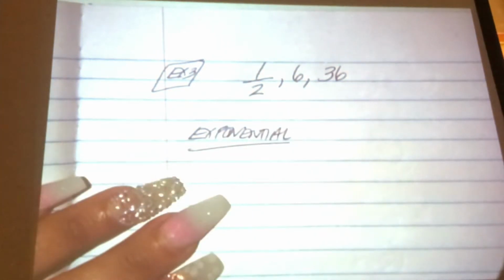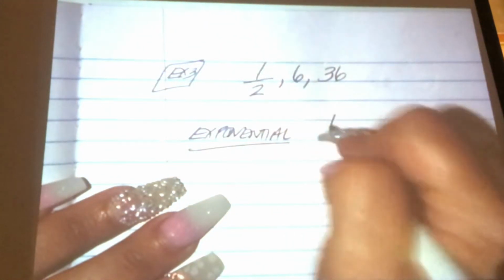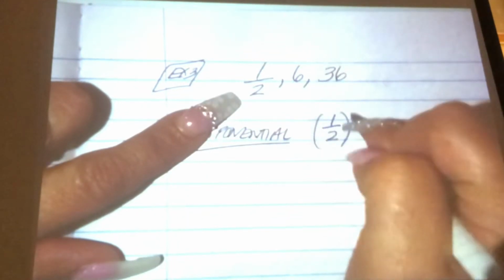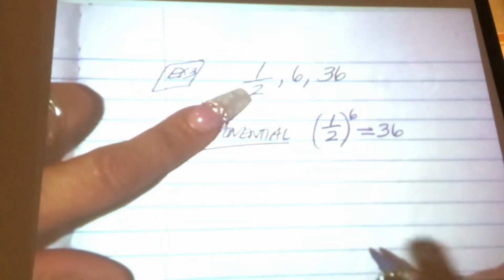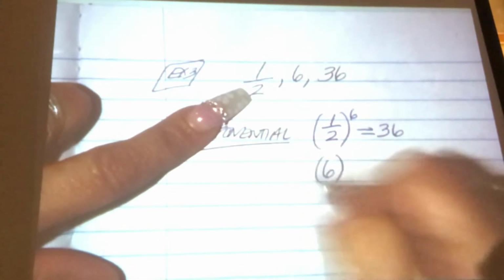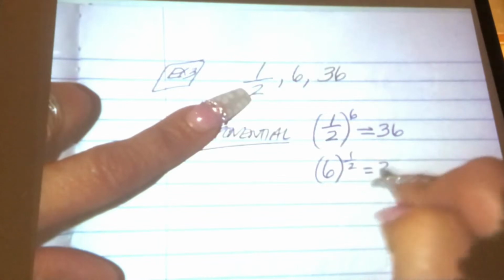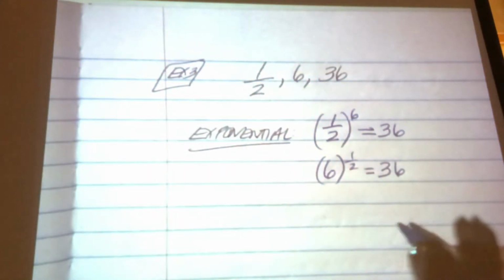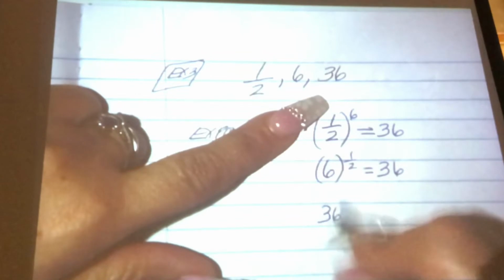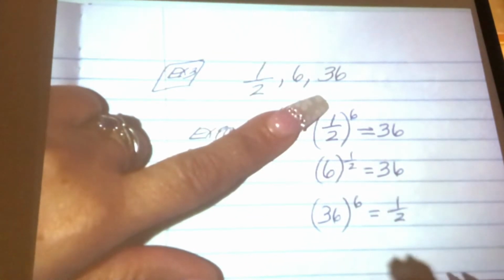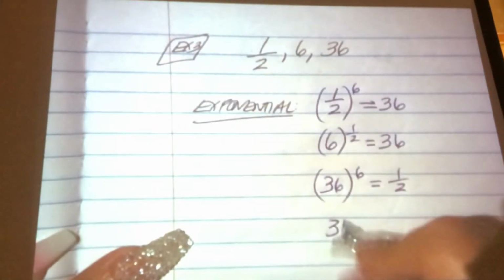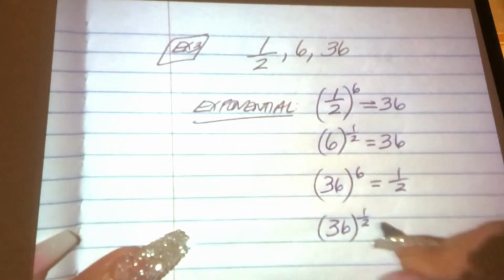See if we can just write out all the options here for exponential. 1/2 to the 6th, does that equal 36? Or 6 to the 1/2, does that equal 36? Or 36 to the 6th, does that equal 1/2? The heck? Or 36 to the 1/2, does that equal 6?